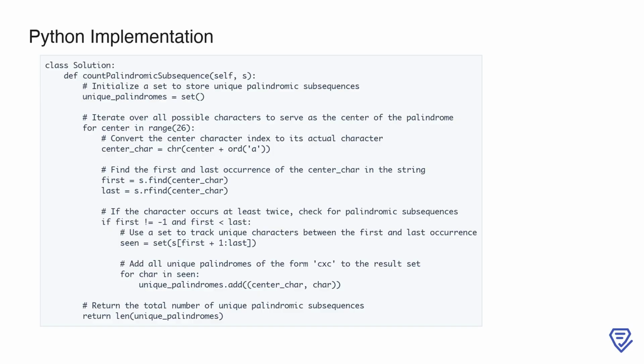If the character appears at least twice, it extracts all unique characters between these two occurrences and forms palindromic subsequences, CXC. These subsequences are stored in the set to ensure uniqueness. Finally, the function returns the size of the set, which represents the total number of unique palindromic subsequences. This approach efficiently handles the problem within the constraints, leveraging string operations and sets to ensure correctness and speed.